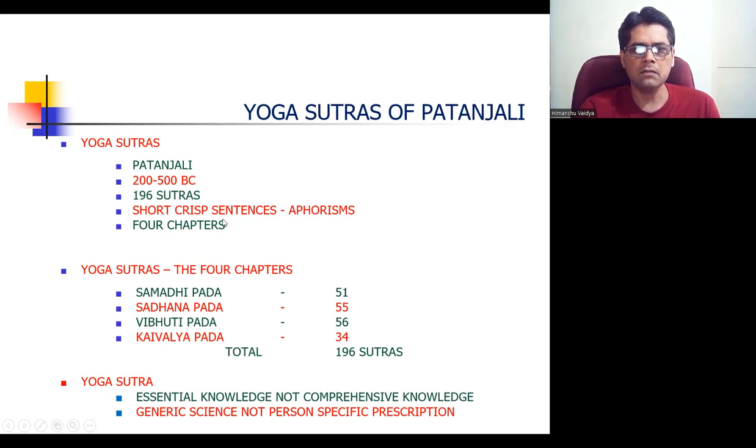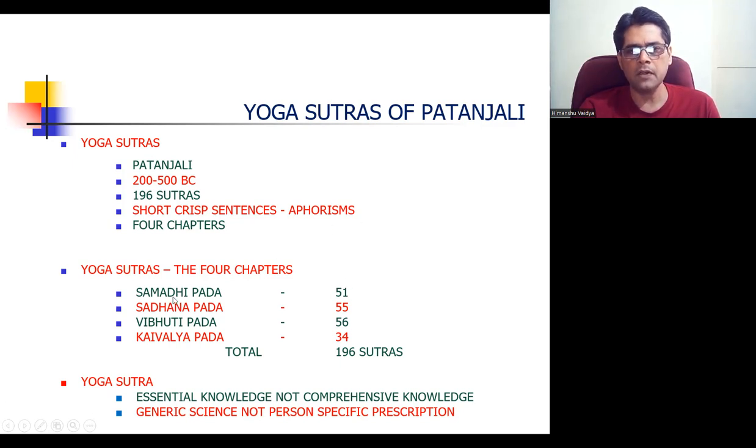And in this book called Yoga Sutras by sage Patanjali, there are 4 chapters. And these 196 short statements are divided into these 4 chapters. The division is like this. The book is in 4 chapters, and in each chapter there are these aphorisms.